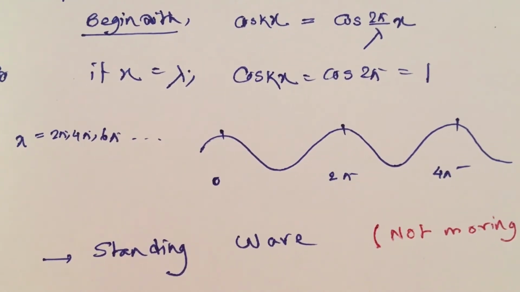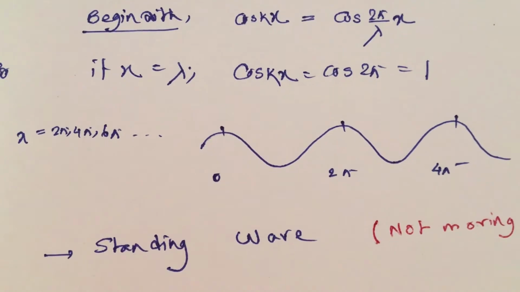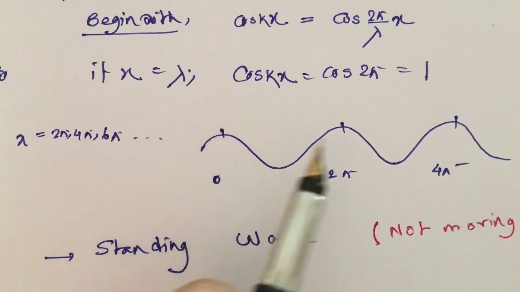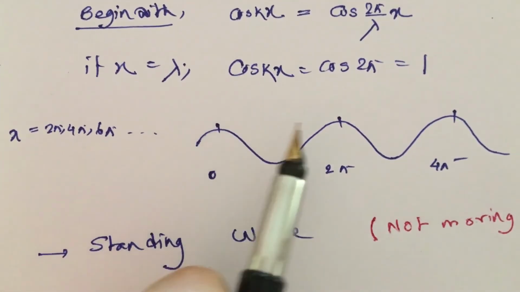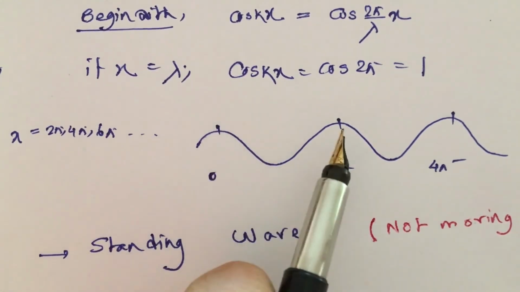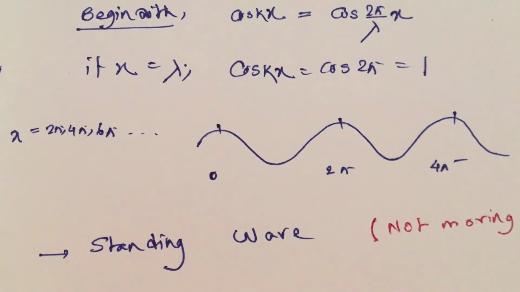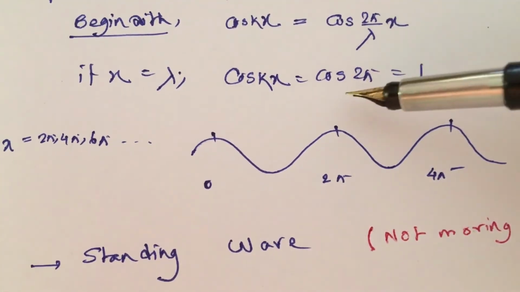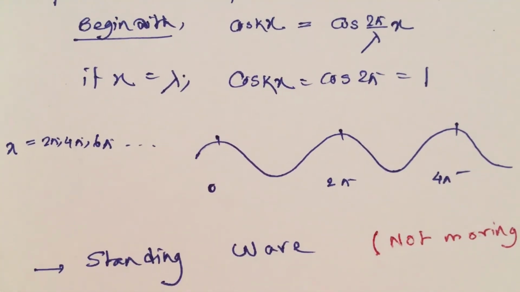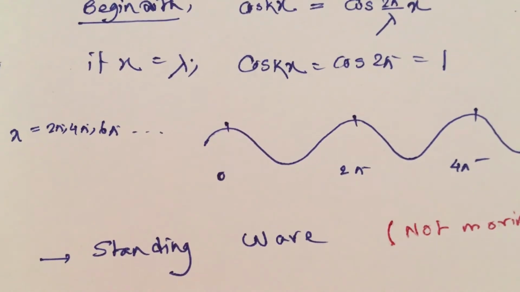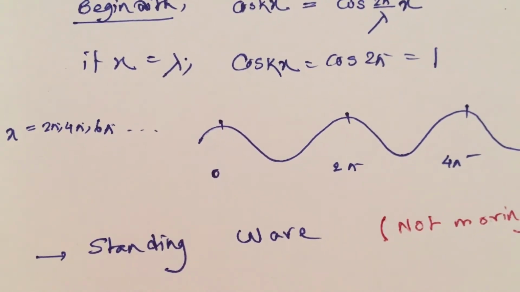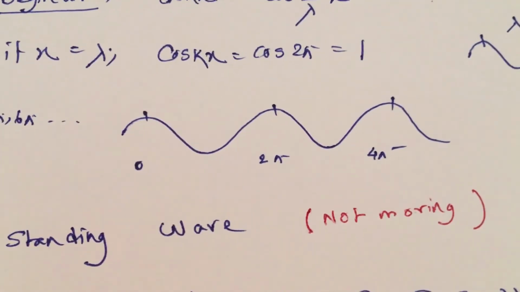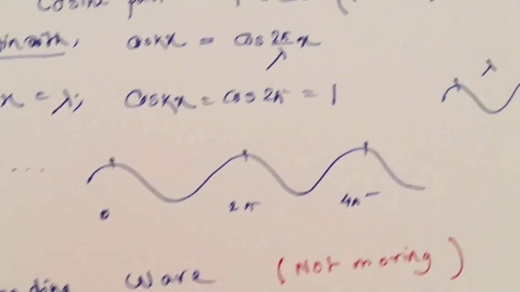Lambda is the wavelength. If x equals lambda, that is just one wavelength, the distance between two consecutive crests, putting x equal to lambda gives me cos 2 pi, which is equal to 1. So if I put x equal to 0, 2 pi, 4 pi, 6 pi, etc., I will get obviously a greater amplitude.